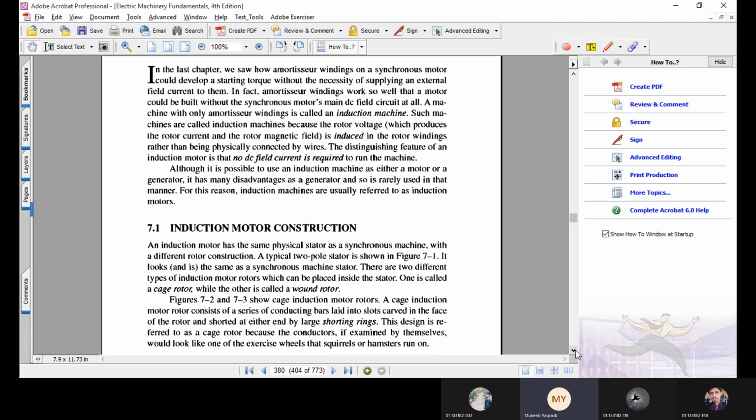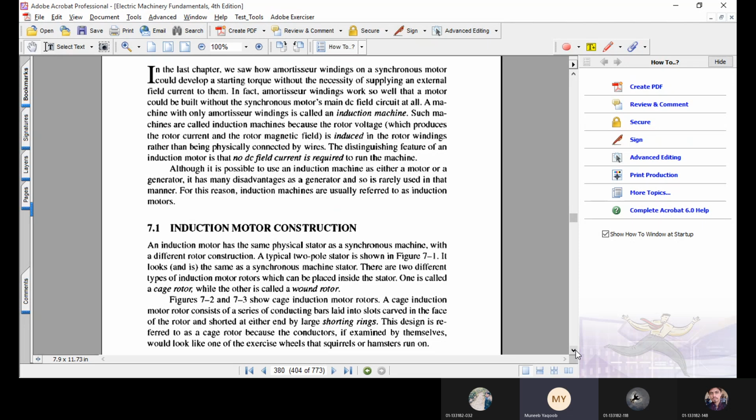Number two, the squirrel cage motor is inexpensive, while the wound rotor induction motor is expensive because it needs a dedicated three-phase winding for the rotor circuitry. Number three, the squirrel cage induction motor has a fixed EMF, fixed field current, and works for a nearly fixed load.